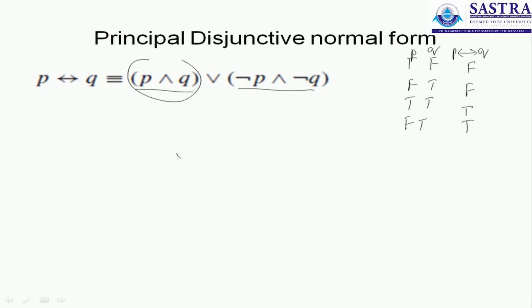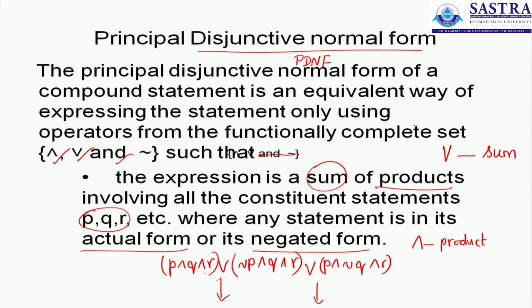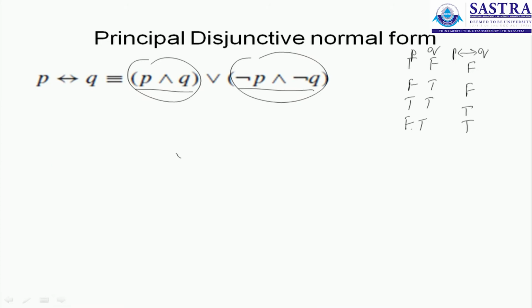This represents the third row, and this represents the fourth row, and that's how you have it. So what you see on screen is a possible principal disjunctive form of the given formula, which is a biconditional.